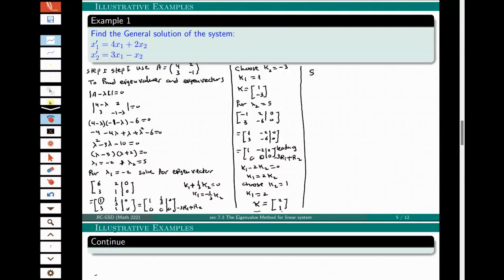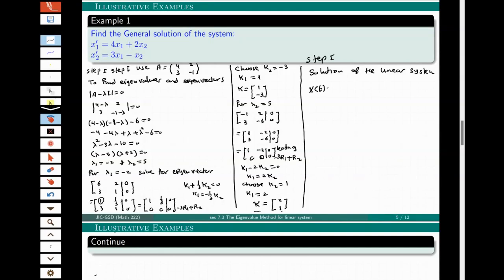So we will say the solution of the linear system is, that's step number 2. That's actually the only idea in this section.